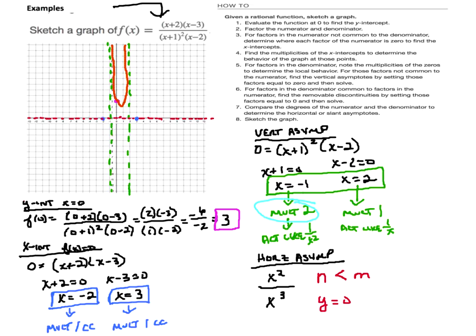So, since the multiplicity of my vertical asymptote at negative 1 is 2, I know that this portion of my graph also has to go up to positive infinity, because those have to mirror each other on either side of that asymptote, just like 1 over x squared. What I also know is that because the multiplicity of my other asymptote is 1, it's going to act like 1 over x.